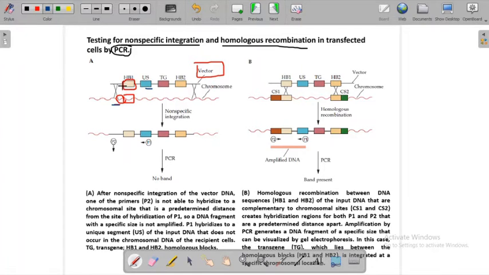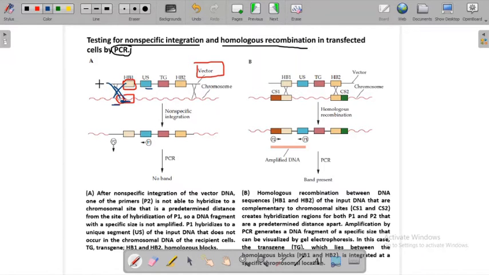If there is a proper integration on the homologous site, what will happen? There will be amplification of the DNA molecule. But what happens here?